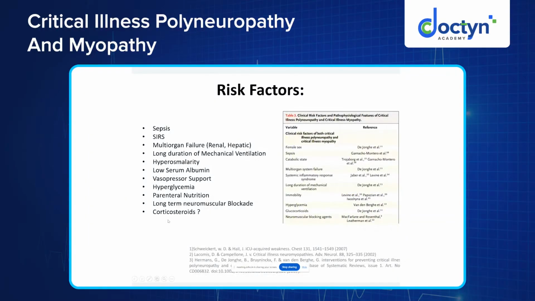So what are the risk factors of critical illness myopathy and critical illness polyneuropathy? There are clinical risk factors and pathophysiological features of CIP and CIM.